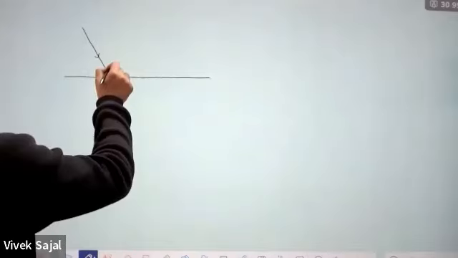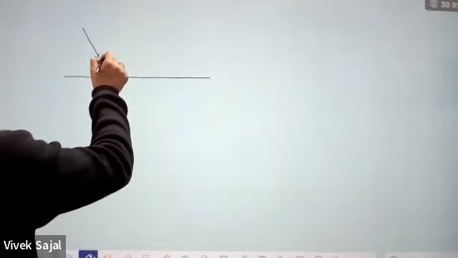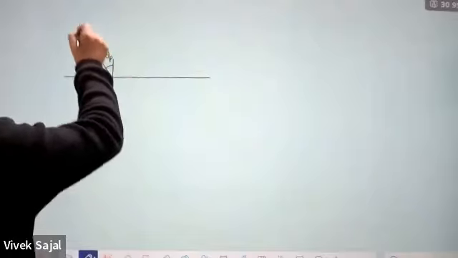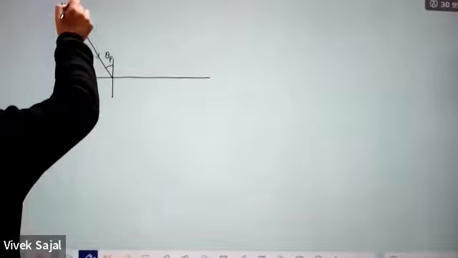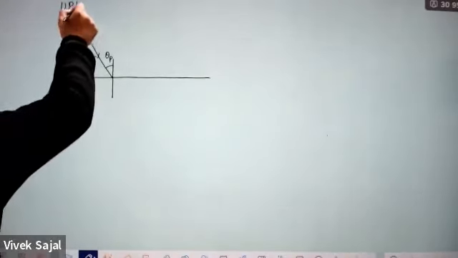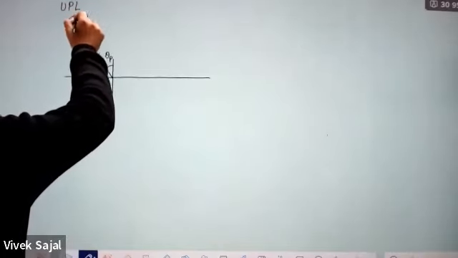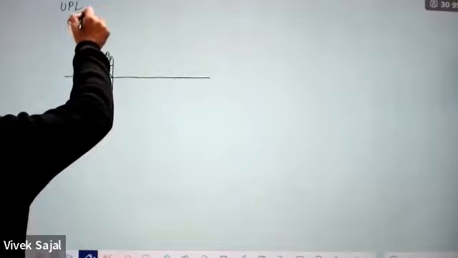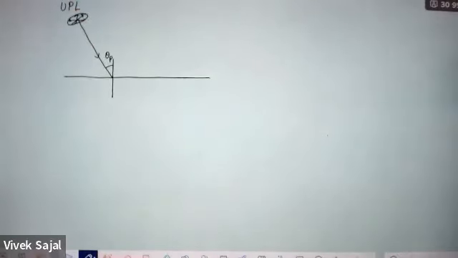This angle is the polarization angle, theta p. What type of light is this? This is unpolarized light. The electric vectors of unpolarized light will be in all possible directions like this.